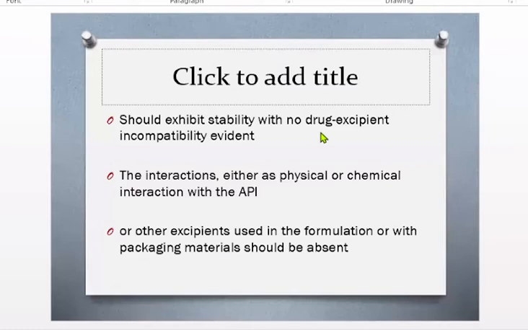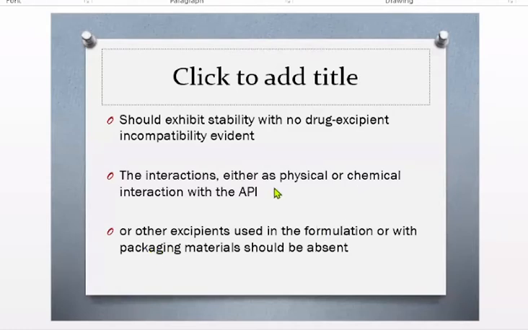Of course, there are certain exceptions, and there should be a genuine reason for you to choose an excipient that is interacting with the drug. That interaction should ideally be defined as a beneficial interaction. So interactions can either be physical or chemical in nature, and we'll look at this again as we move on.